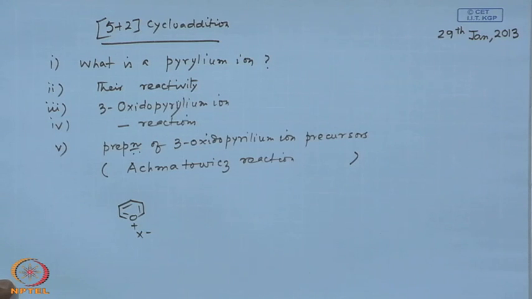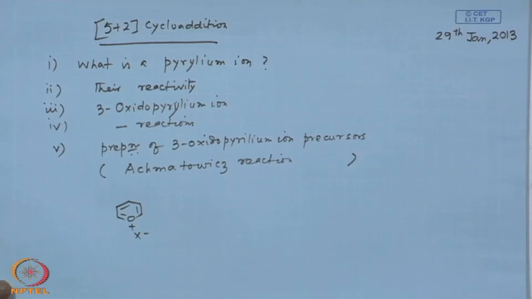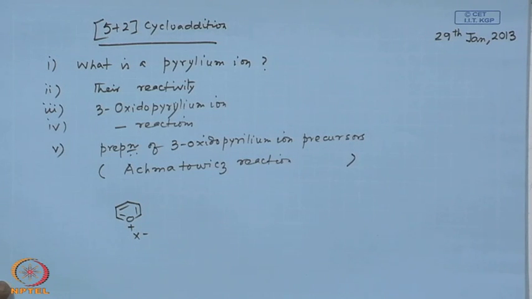So this is actually the pyrylium ion. You have to be very careful about the spelling, because P-y-r-y. If you write r-i, then you are gone, you will be directed to different others. So you will not get this on the internet, and this is a very well known, well characterized ion.